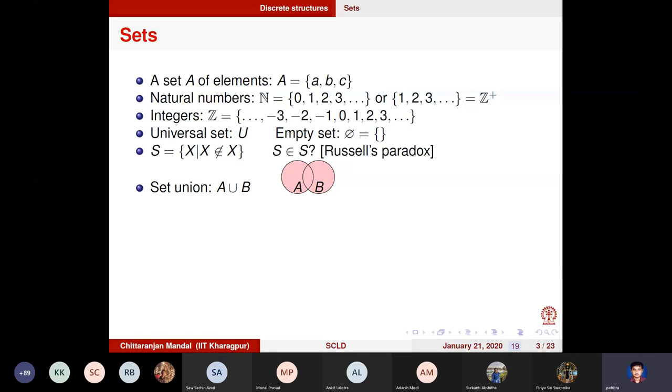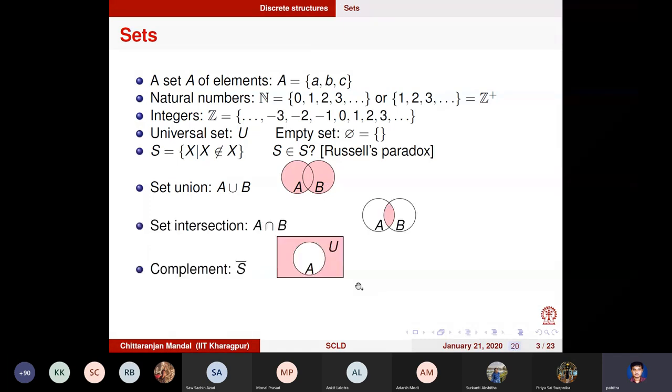So in the set we have some basic operations which you know of, that is the union operation, which is obvious, and the intersection operation. These are the Venn diagrams representing the output of applying these operators. And then you have the complement or the bar operator.